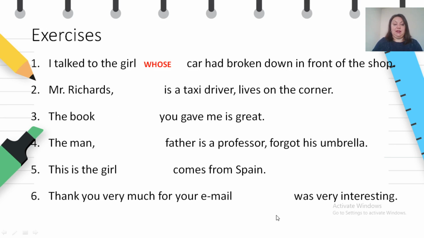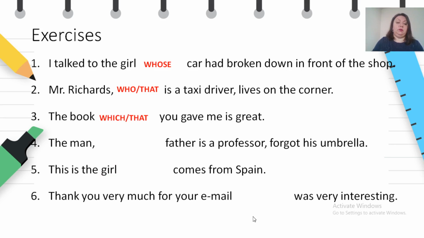The second sentence, Mr. Richards, who or that is a taxi driver, lives on the corner. Имаме собствена именка и заради тоа ги употребуваме односните заменки who or that.